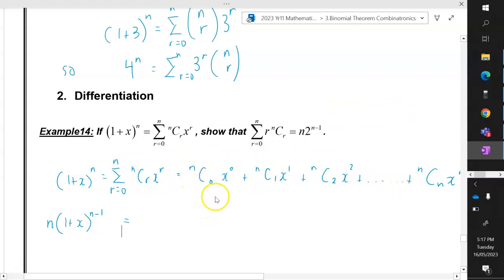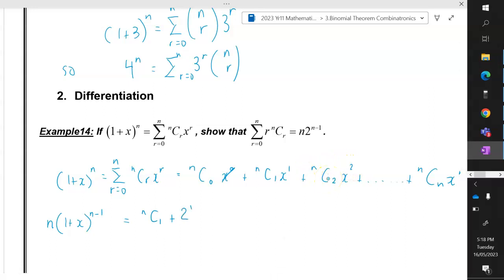So what I would actually have would be, this x to the 0 is just 1, so I don't actually need that x to the 0 there. And this nC0 is a constant. It's a number. So when we differentiate a number, it goes away. So the first term we're going to be dealing with here is nC1 x to the 1. When I differentiate that, I end up with just nC1. My next term here, that 2 comes down the front, because remember, nC2 is a number.